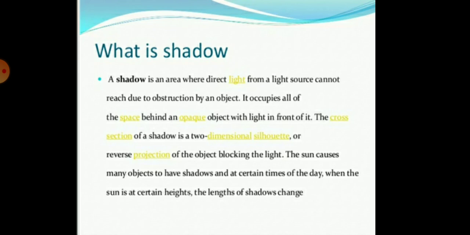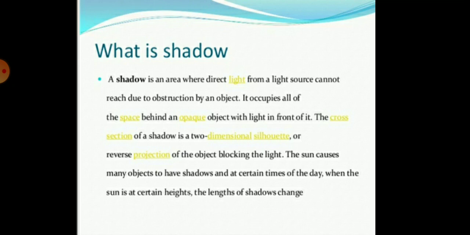So children, a shadow is an area where the direct light from a light source cannot reach due to the obstruction by an object, and it occupies all of the space behind an opaque object with light in front of it. A cross section of the shadow is a two-dimensional silhouette, the reverse projection of the object blocking the light.